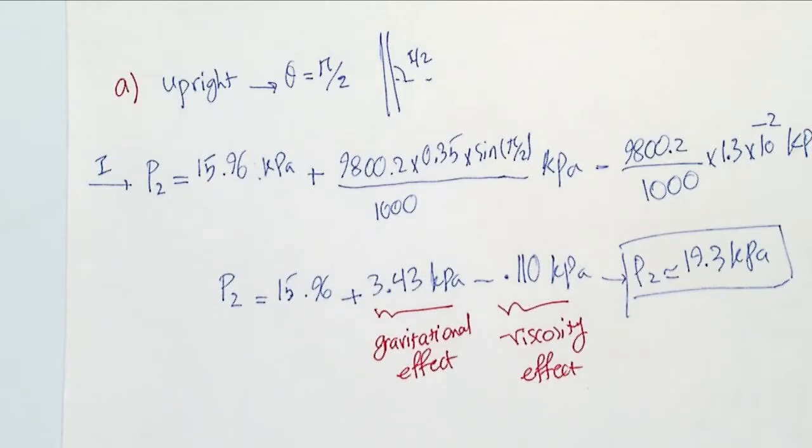But here you will find out how much is going to be lost by viscosity and how much is going to be added because of the gravitational effect. So if you didn't have any gravitational effects, which means the flow is in a horizontal pipe, then that's your P1, right?